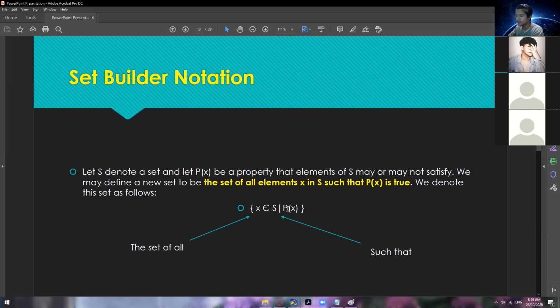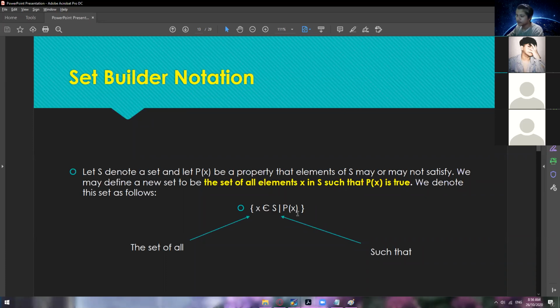Or X is a real number, or X is equal to 1, or X is equal to 2, or any number, okay, that belongs with set S. Okay, so again, this is the set of all elements of set S such that P of X are the condition.